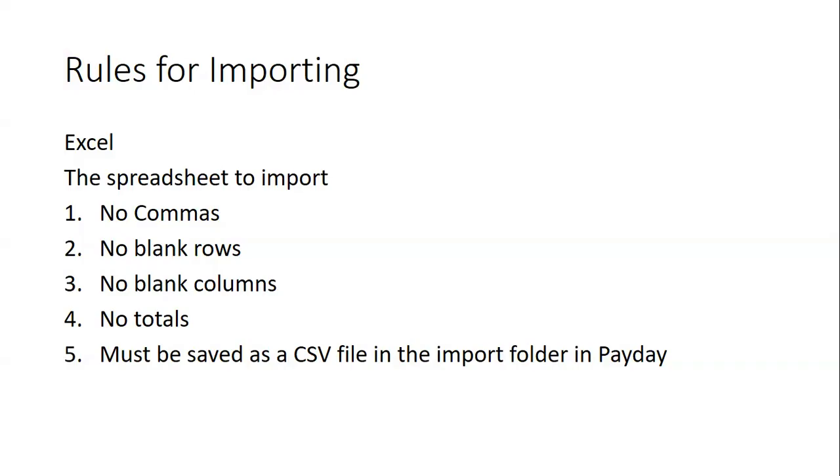I know with Excel, sometimes you want to demarcate between two groups, maybe two departments, so you put a blank row to demarcate one department from another, or one set of data from another. When you're importing, the payroll will not understand what a blank stands for. So before you import, ensure that you remove any blank rows and also any blank columns.